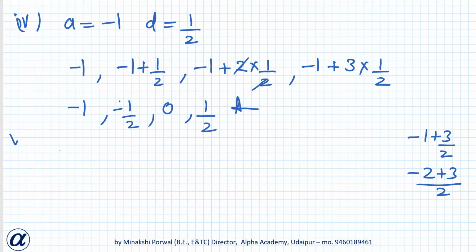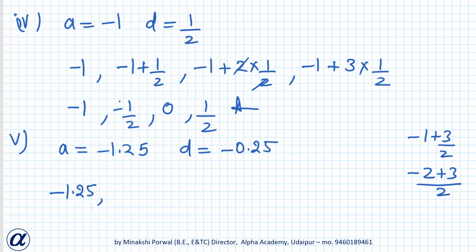Fifth part, A is minus 1.25 and D is 0.25. So A is minus 1.25. A plus D is minus 1.25 plus 0.25, then A plus 2D is minus 1.25 plus 2 into 0.25.